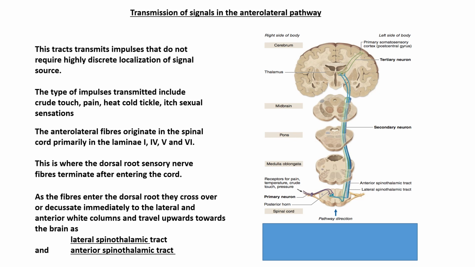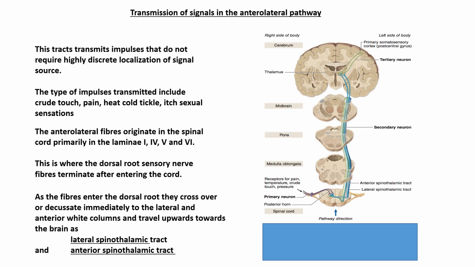It gets into the spinal cord again via the dorsal route. But unlike the dorsal tract, they immediately synapse with the second order neurons, and these second order neurons then decussate across at the same level. So the impulses are transmitted.